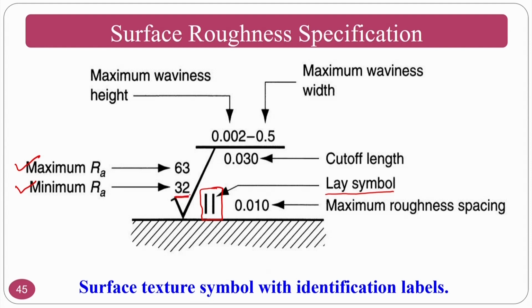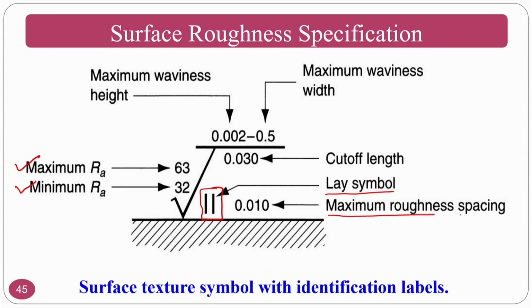If it had been there, then you would have to do it by machining only. If it is not there, you can do the machining process or another process also. But the pattern they have mentioned is parallel. That means mostly you have to do a grinding process, and the maximum roughness spacing they have also mentioned. Okay, this roughness is there, and the spacing between 1 and 2 is also mentioned.